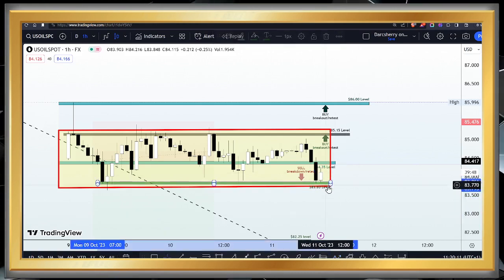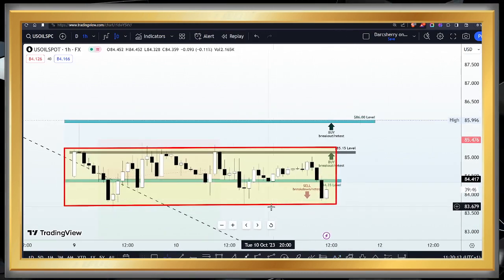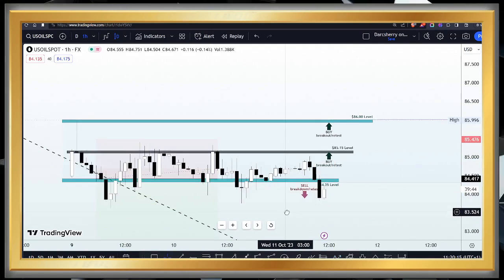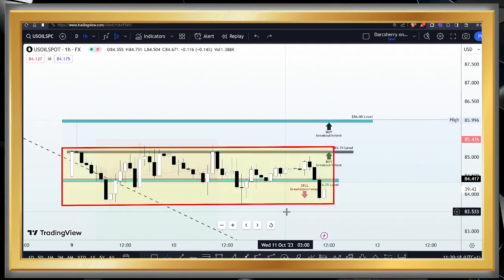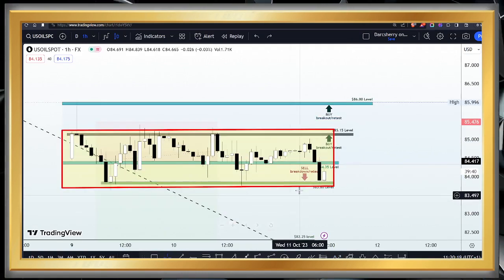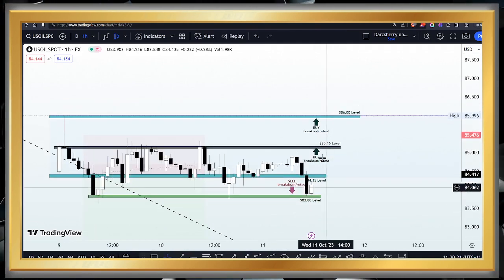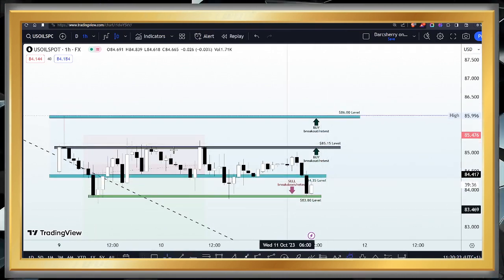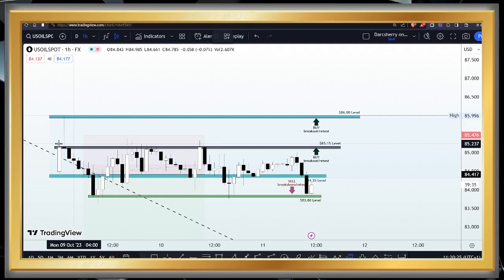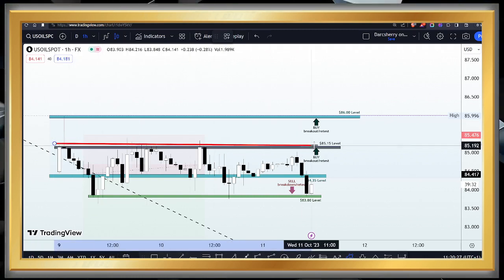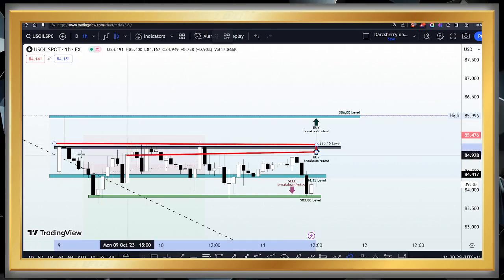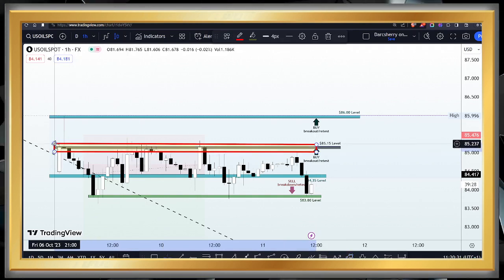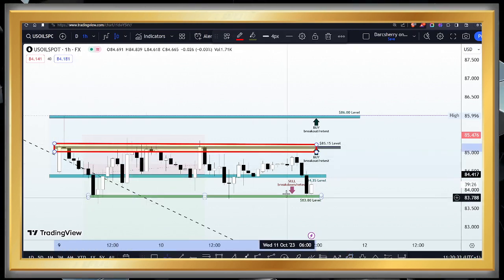And for the fact that price remains above the descending trend line that was broken, we will be waiting for the breakout of the $85.15 level. This level here, as you will see, since the beginning of this week, sellers have continued to negate all attempts by the buyers to break out of the structure.